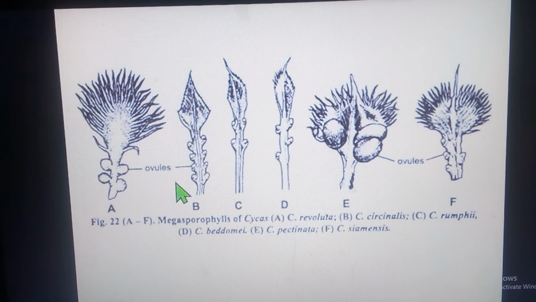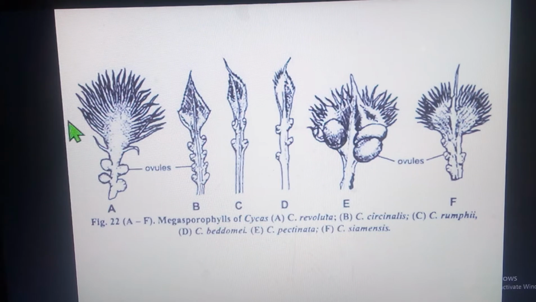So let us take a look at a single Megasporophyll. Now this figure shows the different types of the Megasporophylls of Cycas plant species: the Cycas revoluta, Cycas circinalis, Cycas rumphii, Cycas beddomei, Cycas pectinata, and Cycas siamensis.